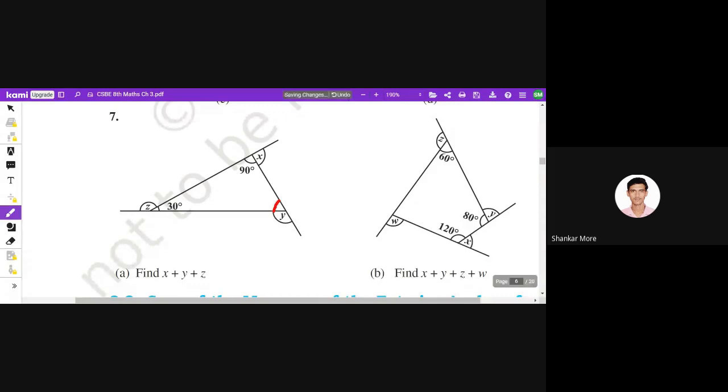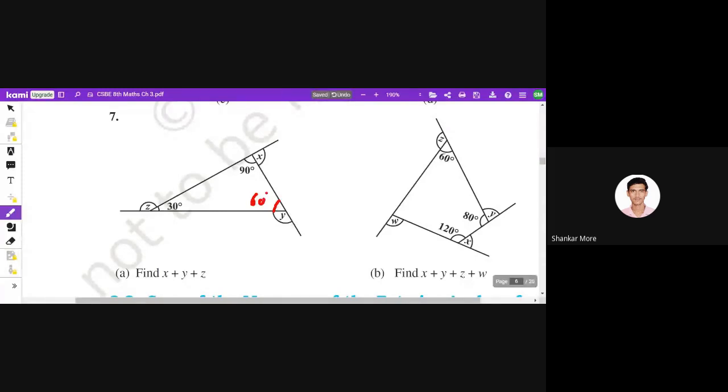As we know, the sum of angles of a triangle is 180 degrees. So 90 plus 30 is 120, and to make it 180, we need 60 more. So the interior angle is 60 degrees. And if it is 60 degrees, then the angle outside, that is y, is 120.